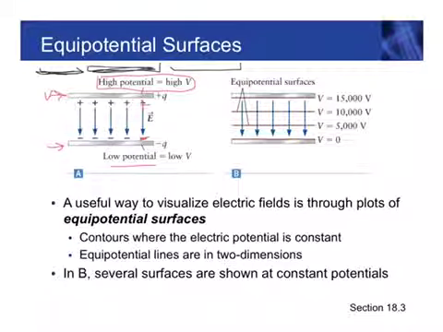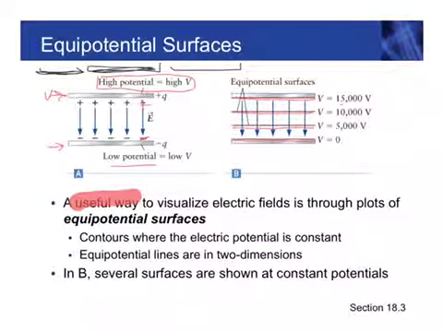Here is potential 15,000 volts, here is the line for 10,000 volts, here is the equipotential surface represented like a line for 5,000 volts, and here we have 0 volts. So this is, again, a useful way to visualize electric fields through plots of equipotential surfaces.